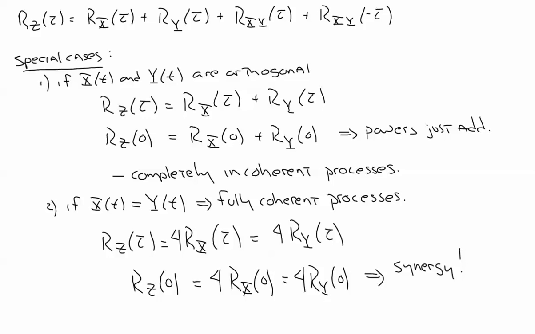Now, I'm not going to get anywhere close to addressing this fully, but a laser is a fully coherent optical source. If I use a beam splitter and split a laser beam into 2 different directions and later on add those laser beams back, I get 4 times the power in the individual beams.